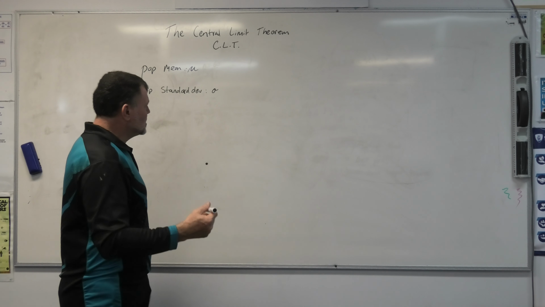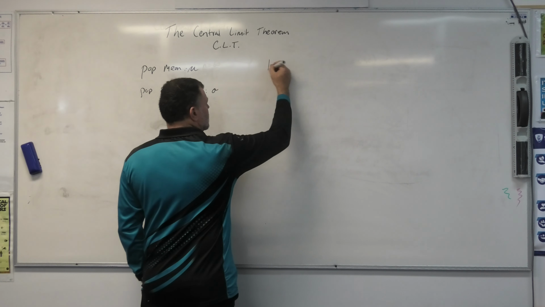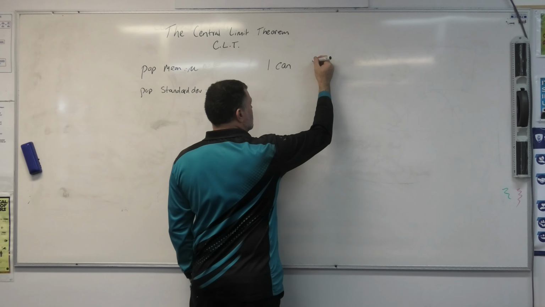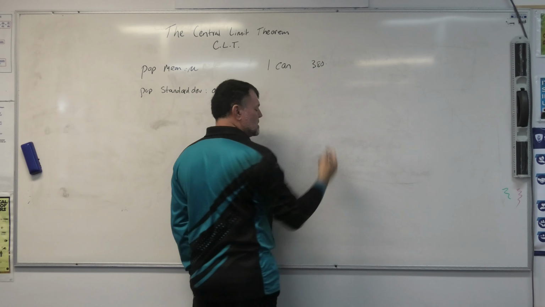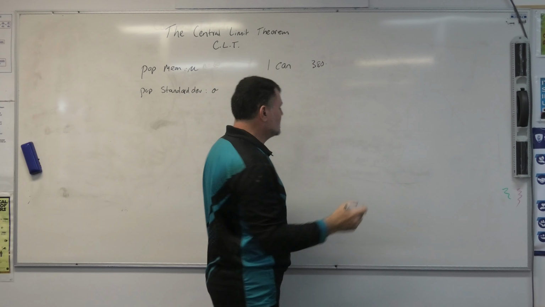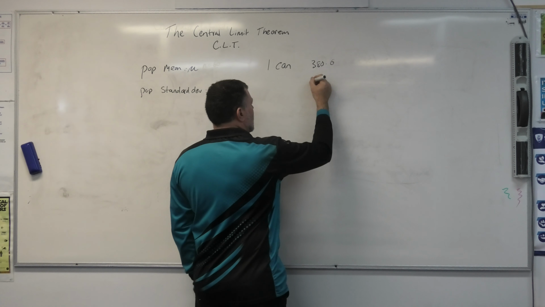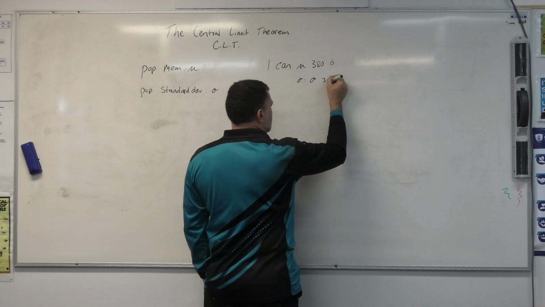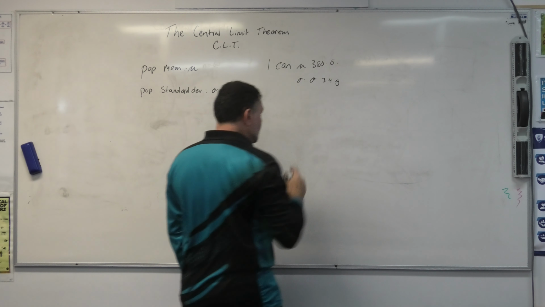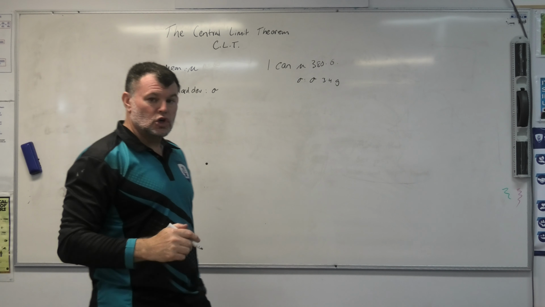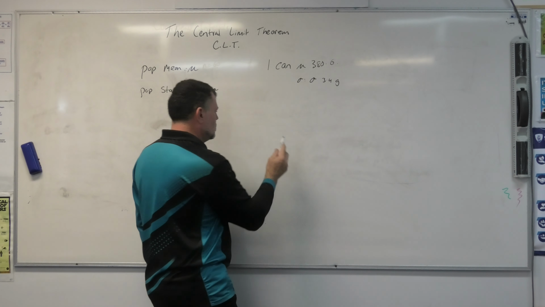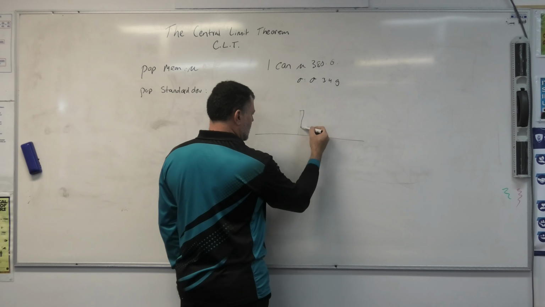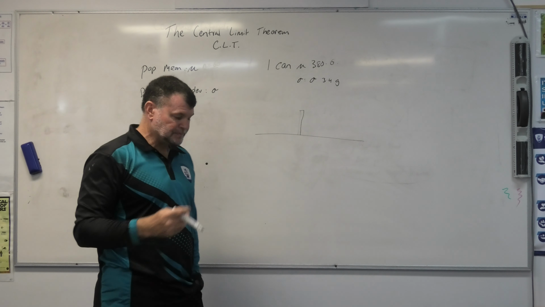So for instance, just say we had one can and it had a mean weight of 380.6 grams and a standard deviation of 3.4 grams. If we were going to look at this in terms of a distribution, we'd have something that looks like this.